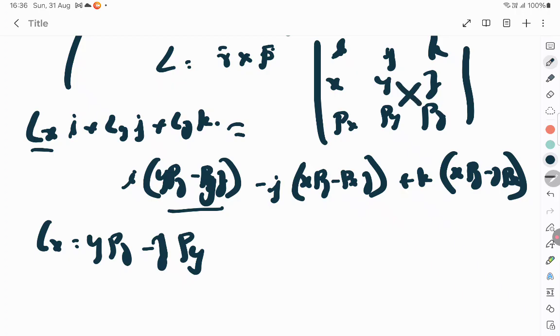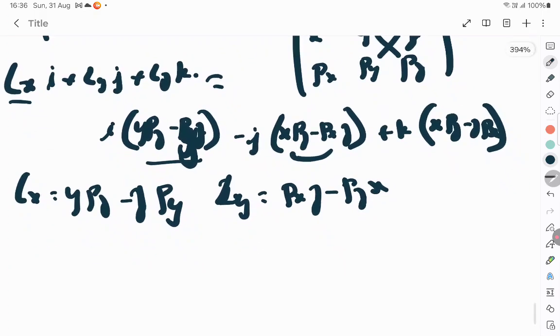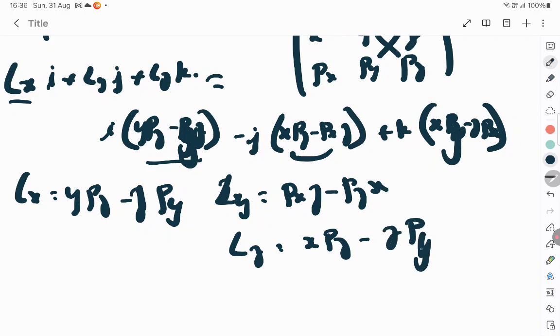When you cross multiply, zpy. Then minus, then for Ly you can write it, but you have to switch this because there's a negative sign, so it's pz into x, sorry, px into z minus pz into x. Then Lz is x into py minus y into px.